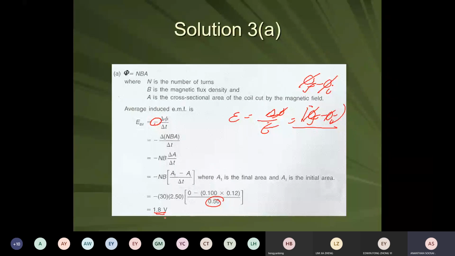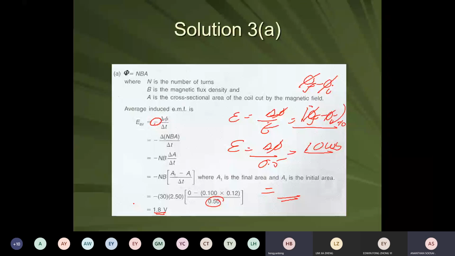It's 1.8 volt. Okay. Cambridge, what do you do? The change of flux, right? Final minus initial. If you get negative, let's say you got negative 10 Weber, here you put 10 Weber only, positive, and the time of movement, in this case 0.5. Then you get the voltage generated.